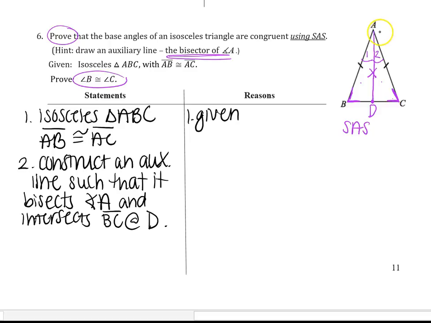And that's what we just did here. AD is our new auxiliary line. And we can justify this by saying an auxiliary line can be drawn.